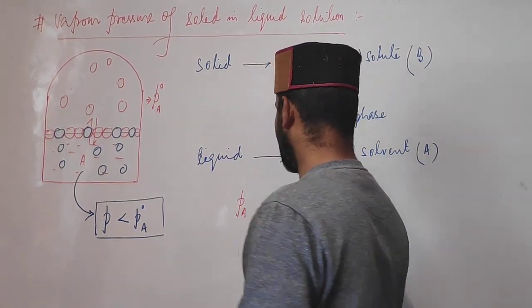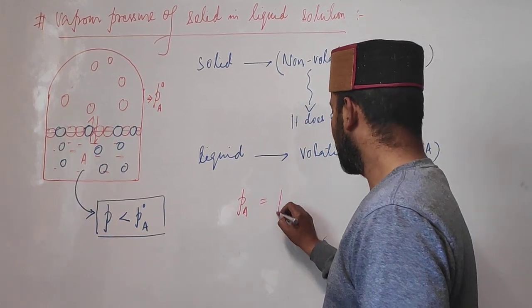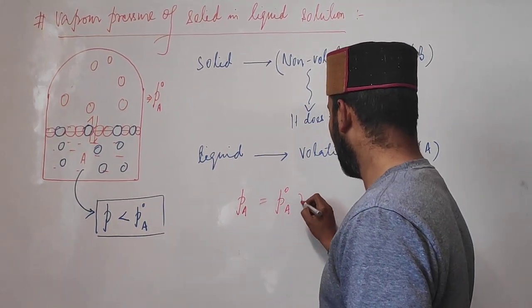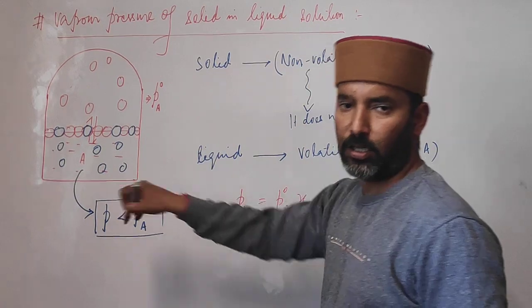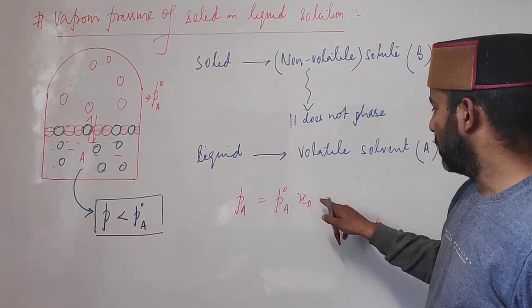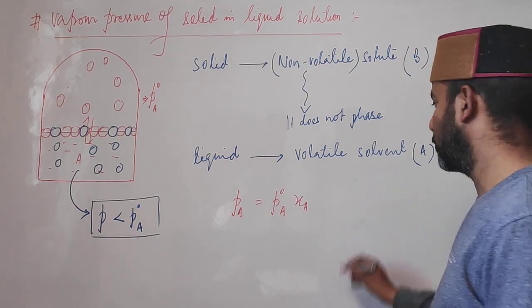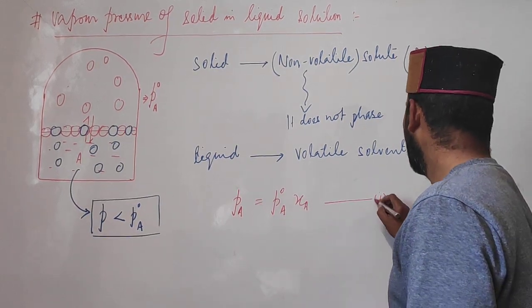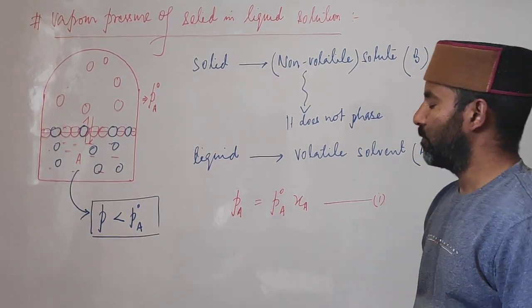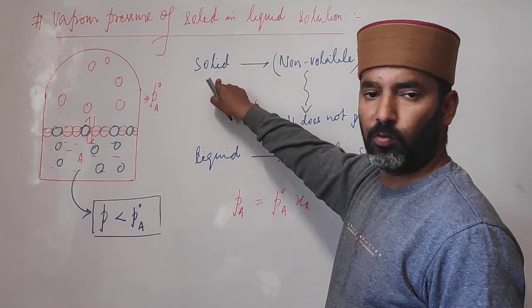We know it is equal to P naught A into mole fraction of A in the solution. So we are assuming we have XA mole fraction in the solution. So this is our first case. But students, solid is non-volatile.